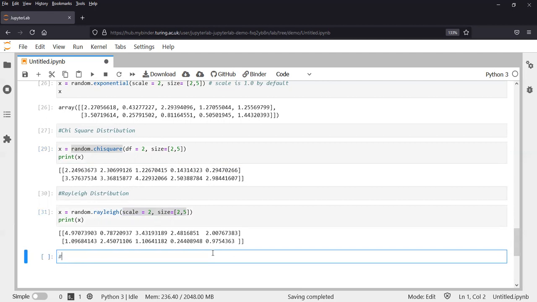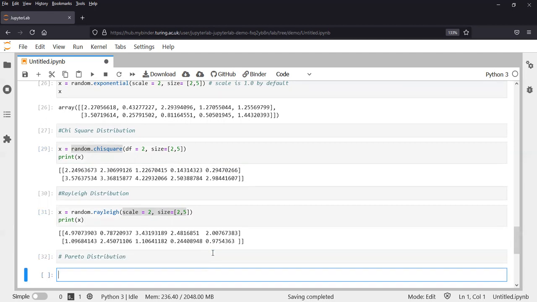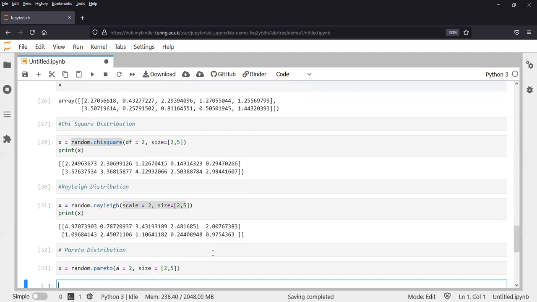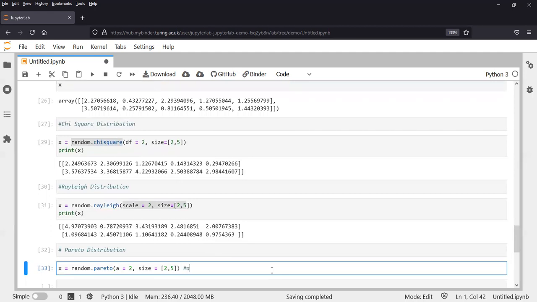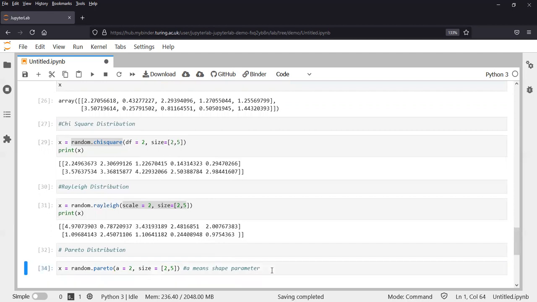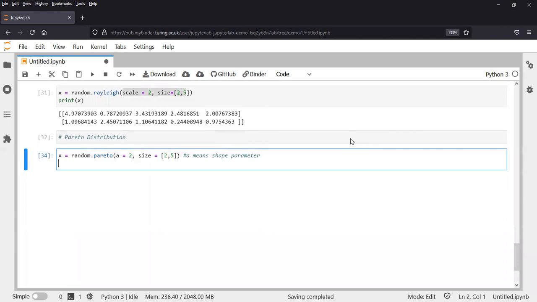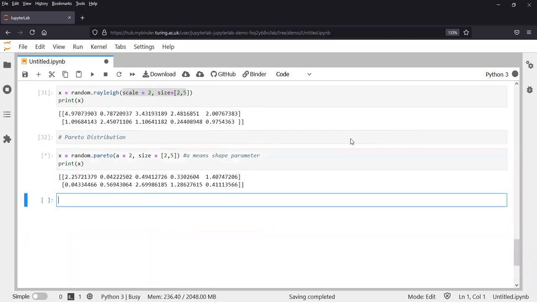So the next one is the Zipf distribution. In a similar way, just type the name. a is 2, just for example, size is 2 by 5. The a means a parameter. Good.